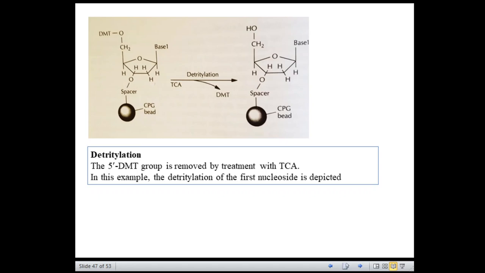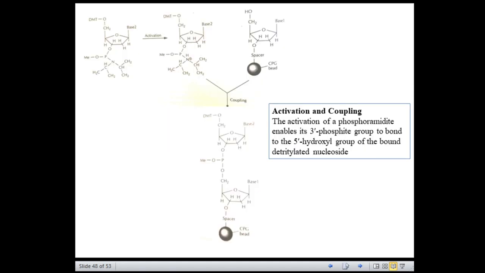And tetrazole simultaneously, that is for the purpose of activation and coupling. So the tetrazole activates the phosphoramidite so that its 3' phosphite forms a covalent bond with the 5' hydroxyl group of the initial nucleoside.